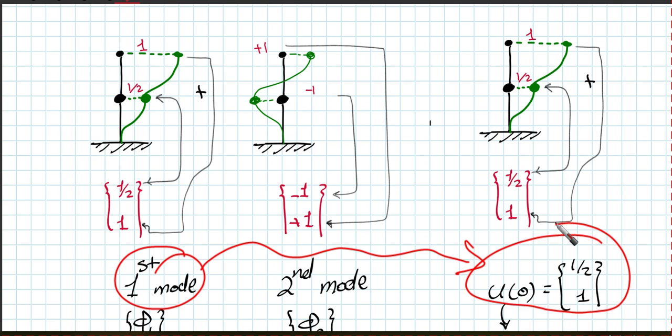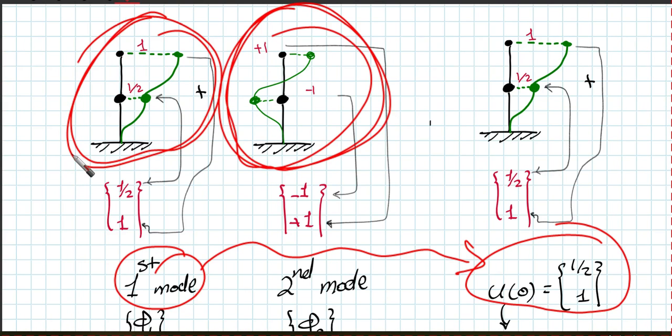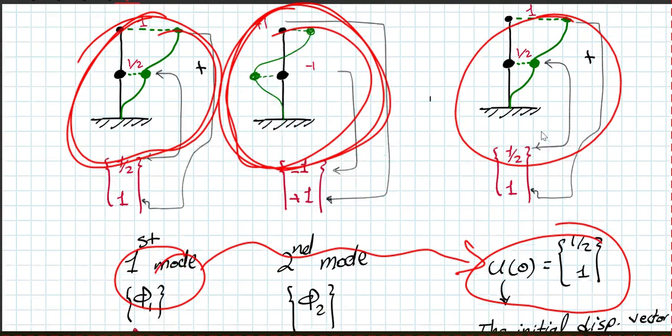This means that the contribution of the first mode is going to be dominant here, not the second mode. The second mode is not going to be as dominant as the first mode. This is because, as I said, the initial displacement vector is similar to the first mode.